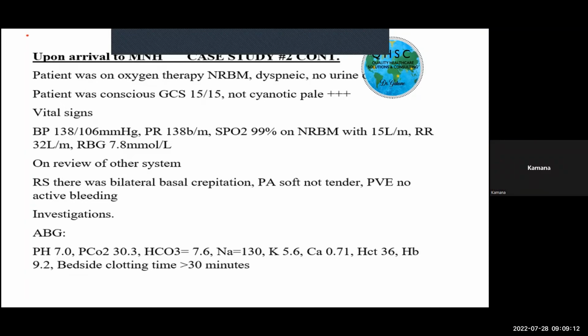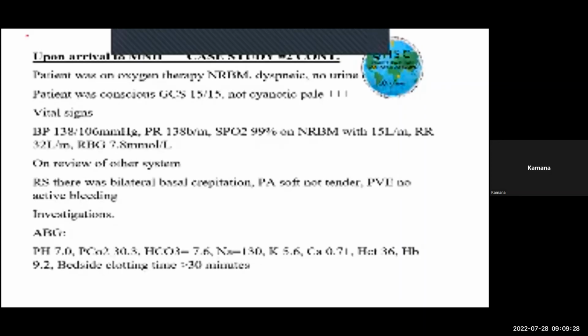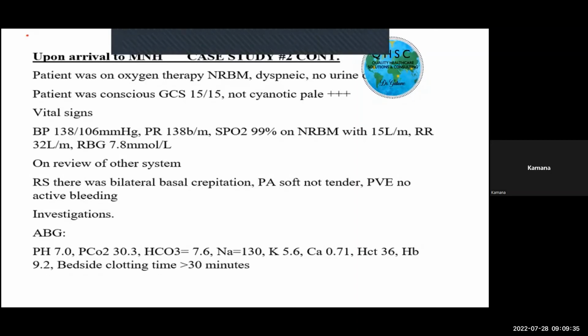In our ICU, we do not have an ABG machine, but on the next floor, in the neonatal ICU, there is a machine. So when we need an ABG, it is done very fast, less than 30 minutes.